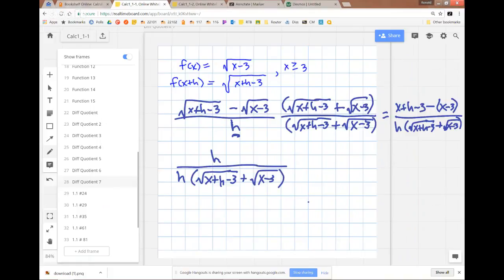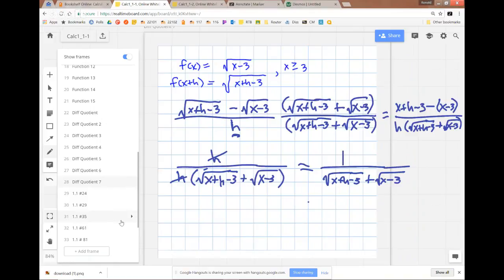So that's what you get, and then of course when you cancel, that is your difference quotient. So the old conjugate method has to be used to simplify.